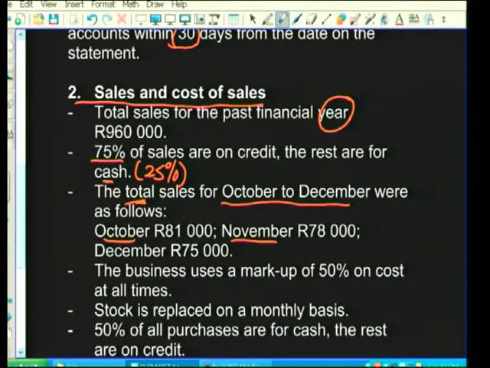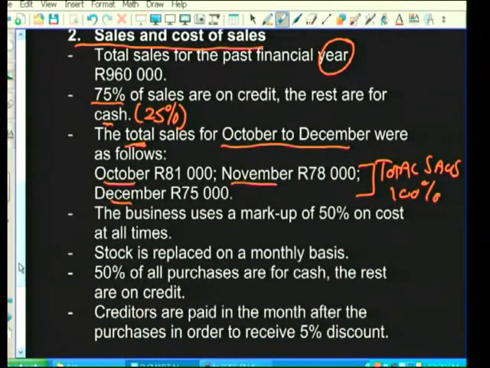The month of November, 78,000, and the month of December, 75,000. And I'm just going to make a little note here that this is my total sales. Because we know total sales is 100%, if I had to ask you what is the credit sales, I'm simply going to take my total times it by that 75%, but we're going to get there.